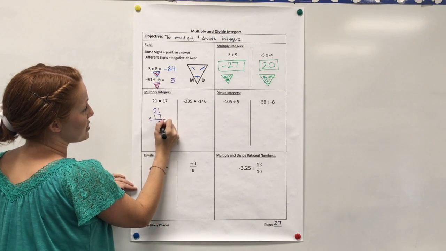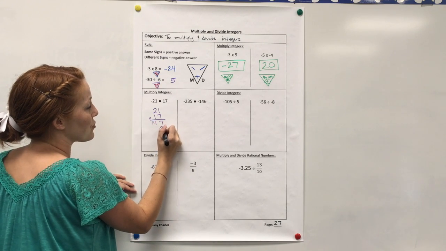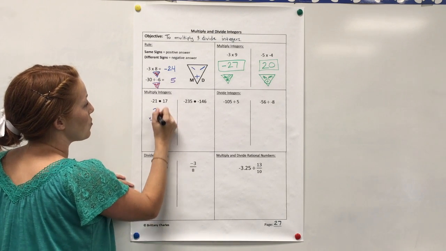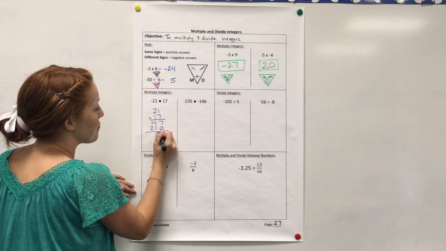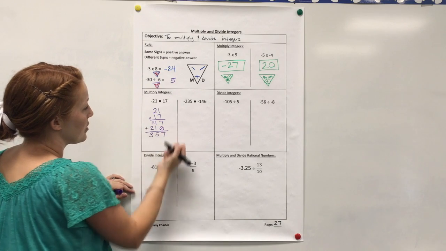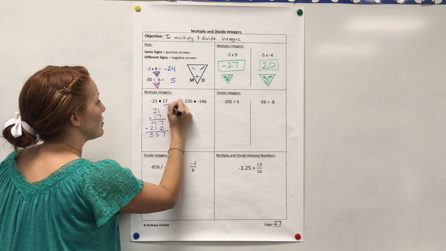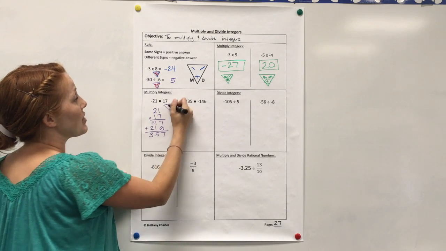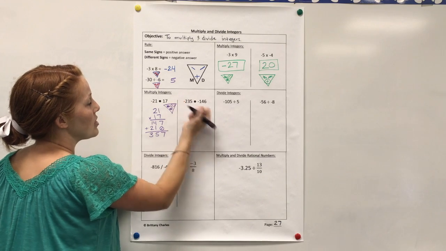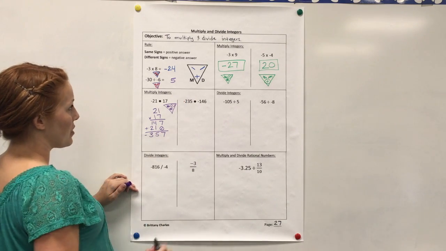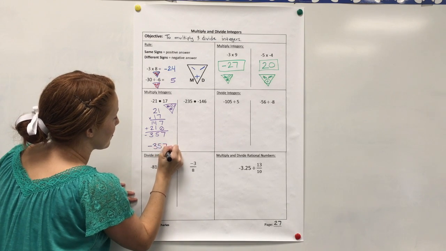So 7 times 1 is 7, 7 times 2 is 14, placeholder 0, 1 times 1 is 1, 1 times 2 is 2. 7, 5, 3. Okay, now let's do mad face. I have a -21, cross it out. I have a positive 17, cross it out. I'm left with negative, so the answer is -357.